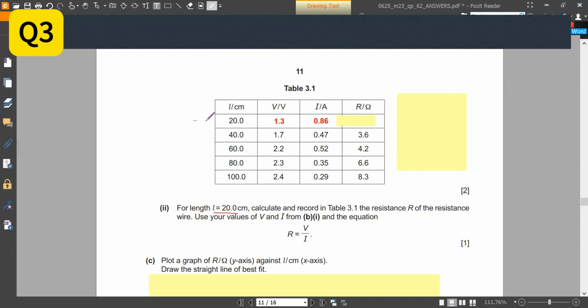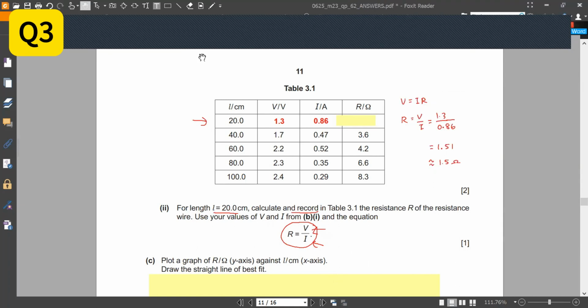For this set here, calculate the resistance. Straightforward. So V over I. So the answer will be this. V over I, so that gives us 1.5. So this is the result we will insert in the table.